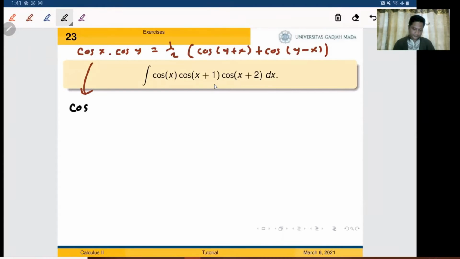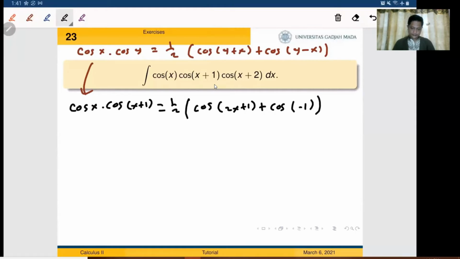And then we have cosine x times cosine of x plus 1. It is one half times cosine of, we add x plus 1 to x, and then plus cosine of this one, which is minus 1, right? And then this part, we multiply it by cosine of x plus 2, correct?